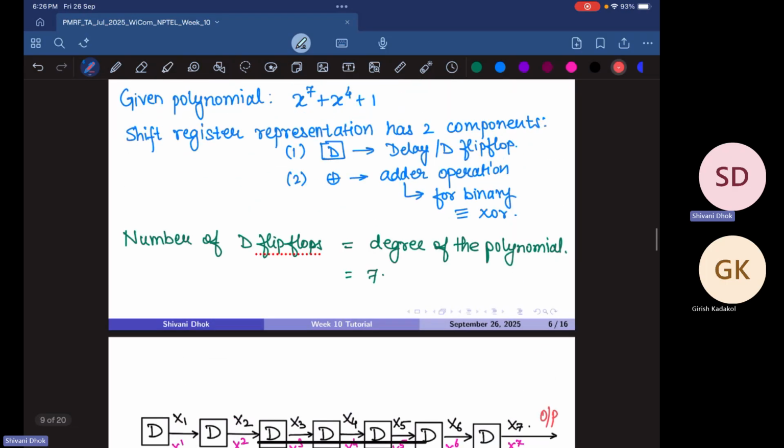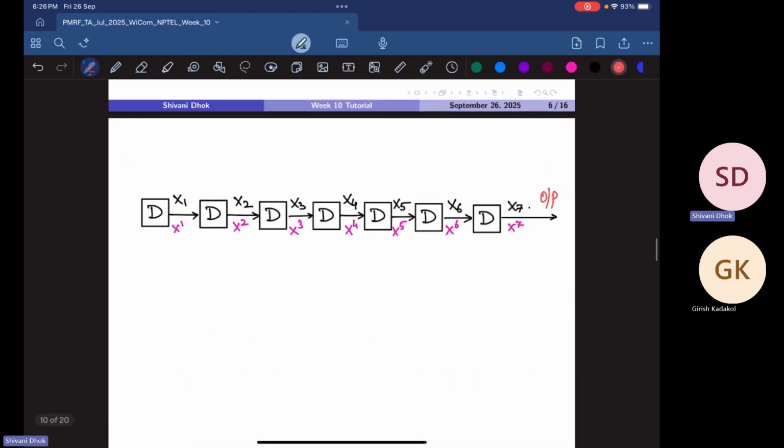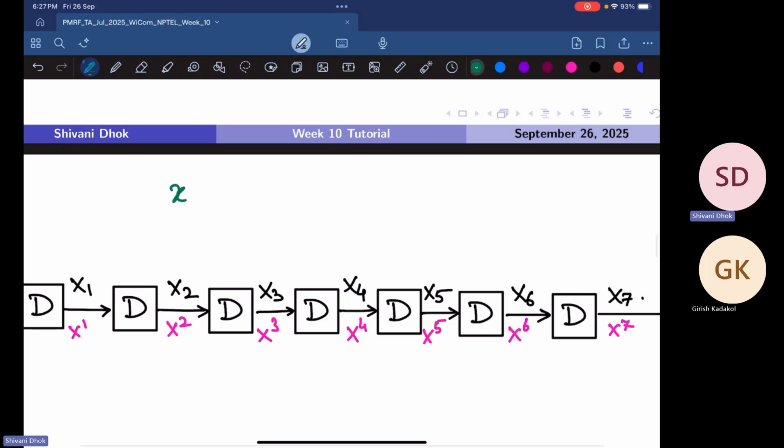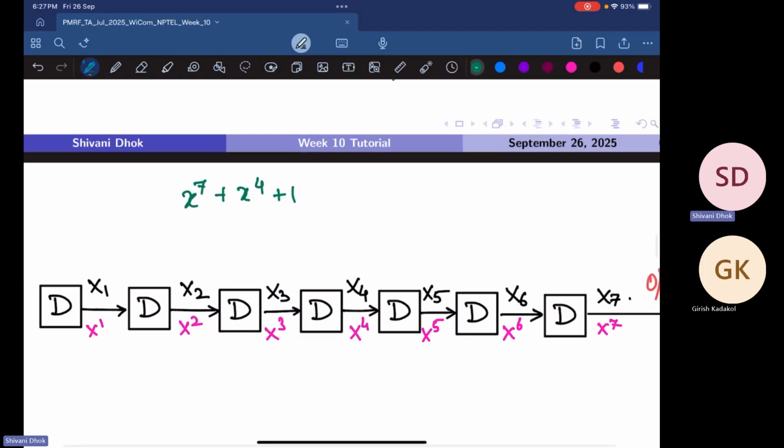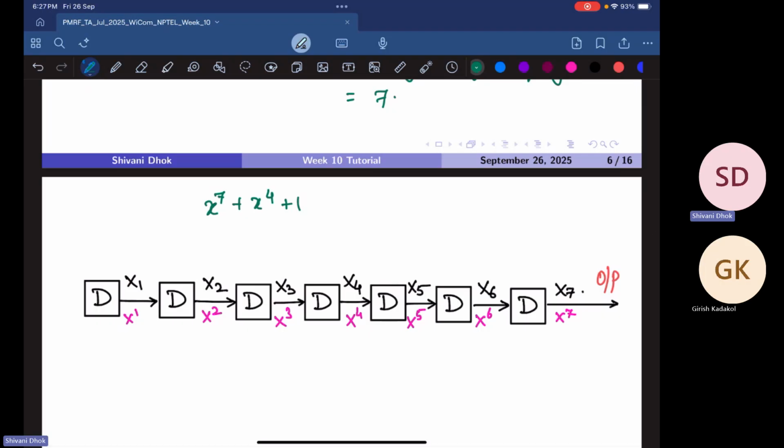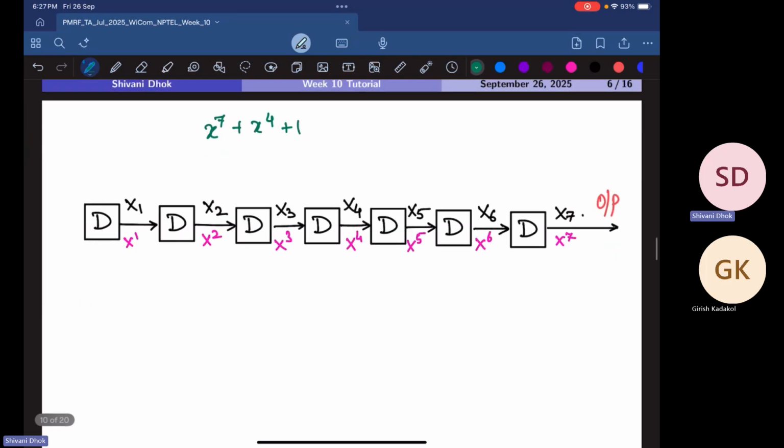And now you have x to the power 7. The polynomial that we have is x to the power 7 plus x to the power 4 plus 1. So you need to take the output corresponding to x to the power 7 and the output corresponding to x to the power 4, add them, and give it as a feedback here. This is how you represent the forward shift registers. So you will take a feedback from here, and you will take a feedback from here.